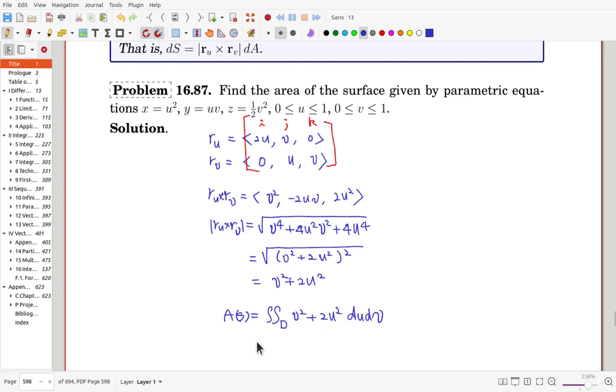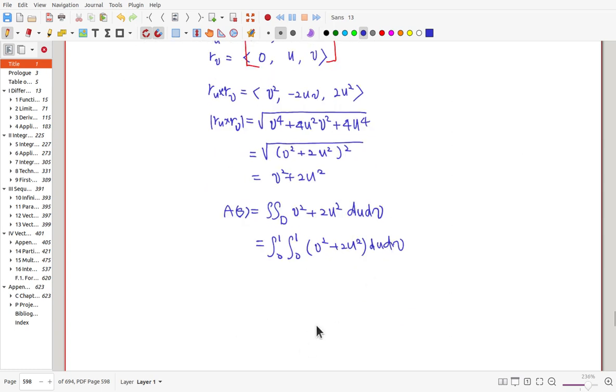Okay, so we may have this one: integral from 0 to 1 and integral from 0 to 1 of v squared plus 2u squared, du dv. Let's consider the quantity separately.